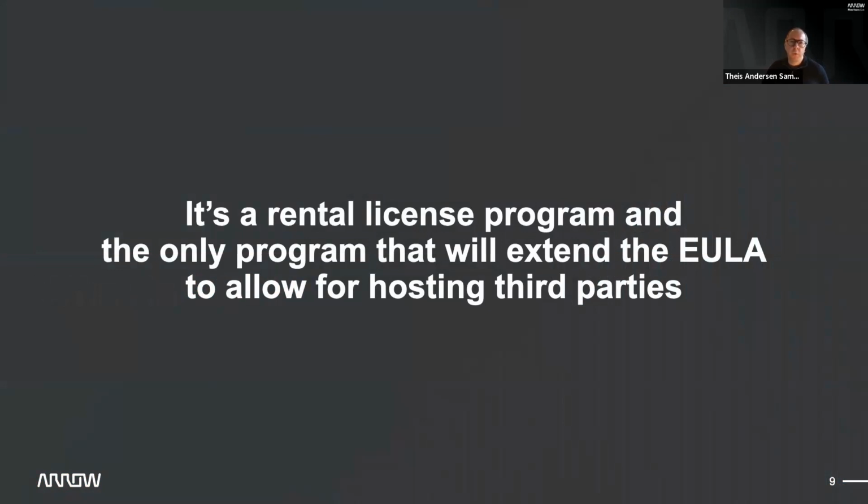This is also the reason why you cannot run hosting on a normal perpetual license. You need to get into this program if you are hosting third parties, and third parties being everything that's outside your own business or a subsidiary. So if you have a subsidiary that's associated with your own company, then you can run perpetual. Otherwise, you need to have this program.